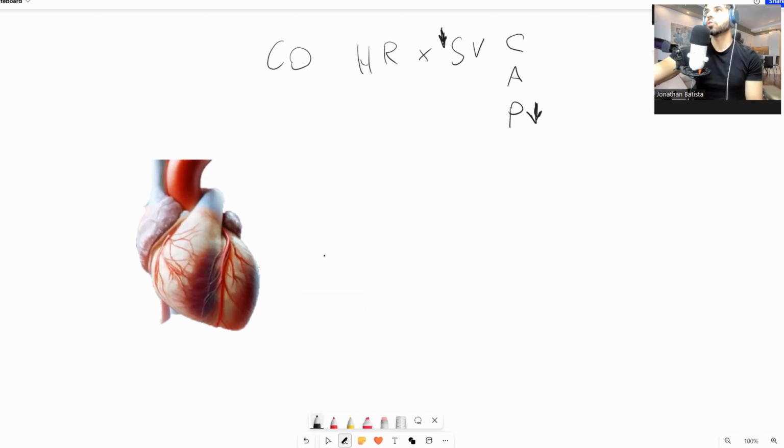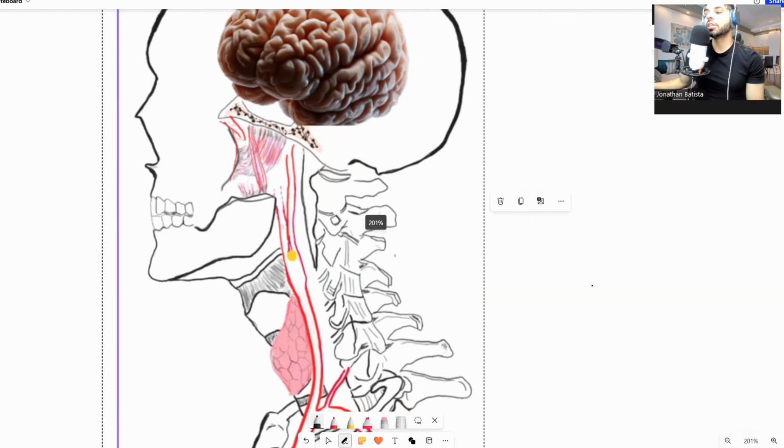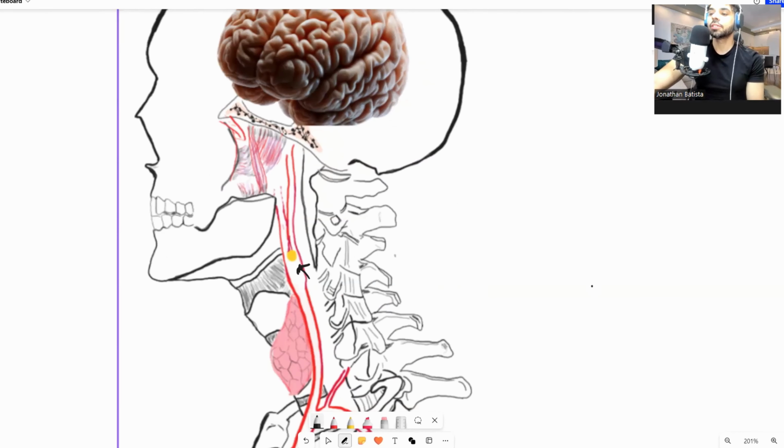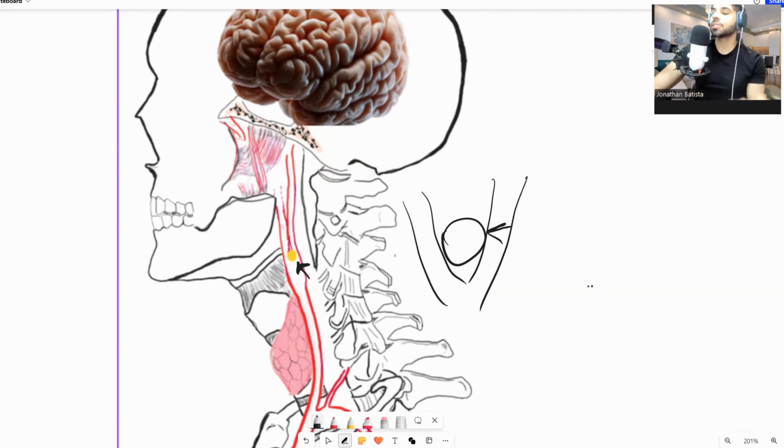So what happens here? Going back to the same concept that we just mentioned. If this patient lost volume, he wouldn't be able to press on this carotid sinus like before. Before, the vessels pressed on it like this. Now you have less volume, so imagine that these vessels are not touching it, and when you don't touch it, it sends an inhibitory signal.